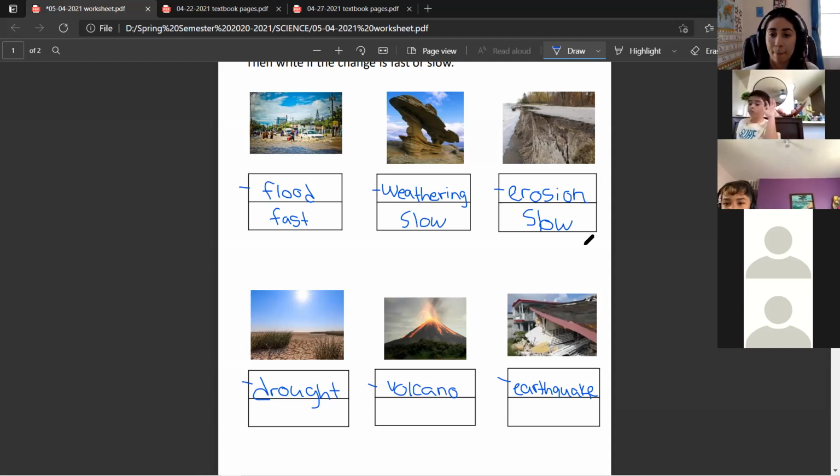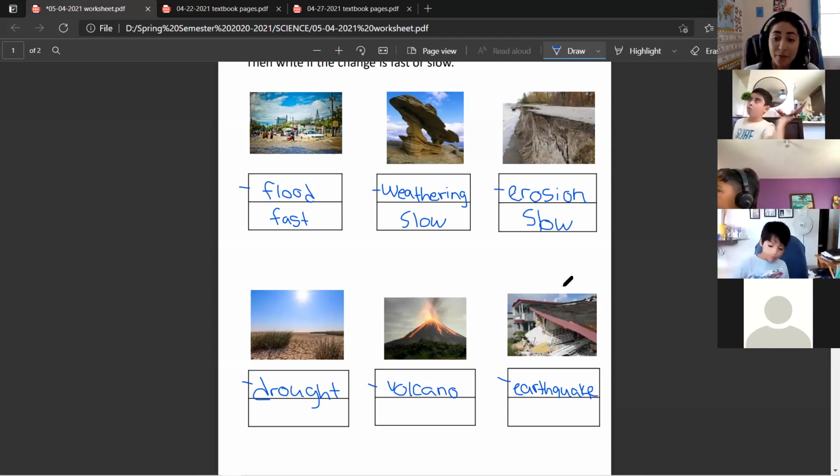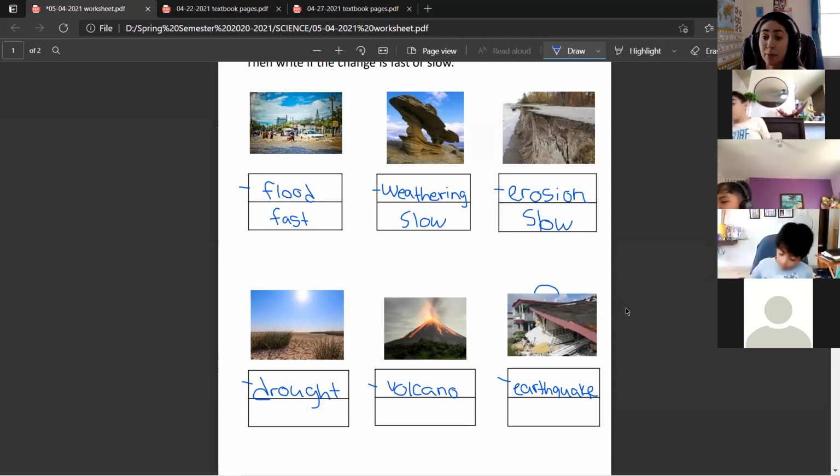Oh, in Guanica. Yeah, this is actually a picture of Puerto Rico. The picture that you have right here of the earthquake is a picture of one of the houses in Puerto Rico after the earthquake. The earthquakes that happened in Guanica.